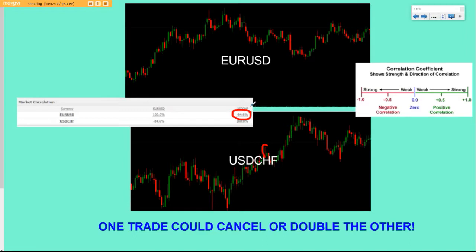As one is increasing, look, this one here is increasing, that one there is decreasing. So they are correlated negatively, and that's a strong negative correlation, okay, guys?